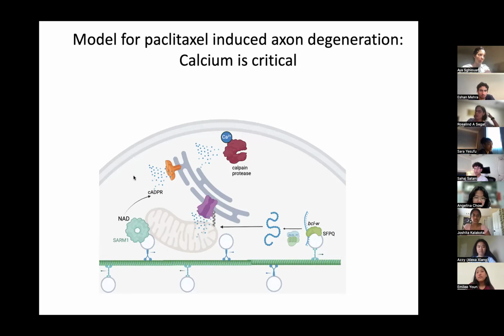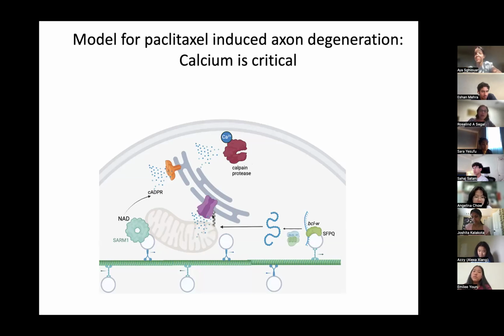And again, summarizing what I'm not showing here, we know that calcium will then bind to these proteases called calpains that are in the axoplasm, in the axon, and that activation of these proteases will cleave proteins in the axon, particularly the cytoskeleton, and cause degeneration.